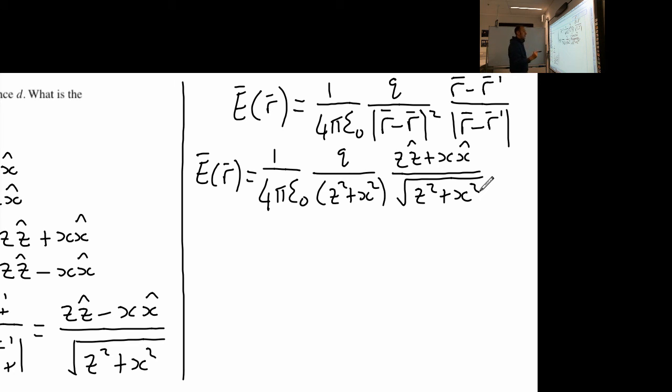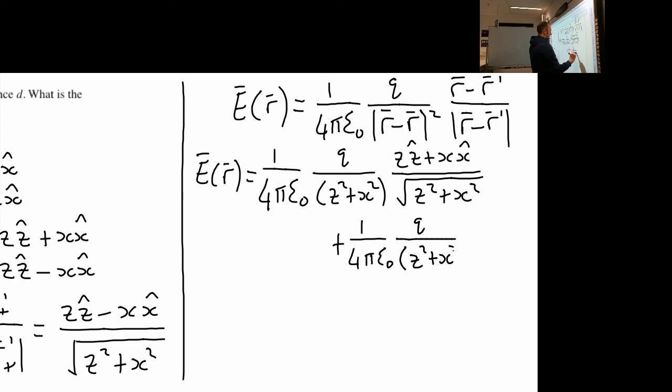Okay, so that was just one of the charges. And then we have the contribution due to the other charge, so plus 1 over 4 pi epsilon naught times q over z squared plus x squared, and the unit vector, which for this one is z hat minus x hat over that magnitude, so it's the square root of z squared plus x squared.